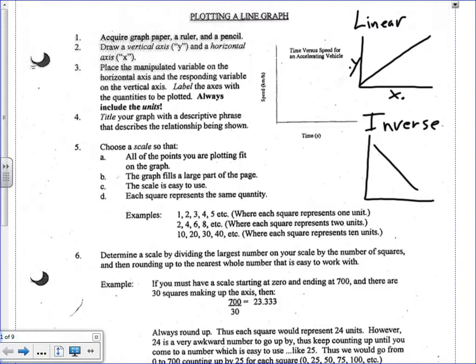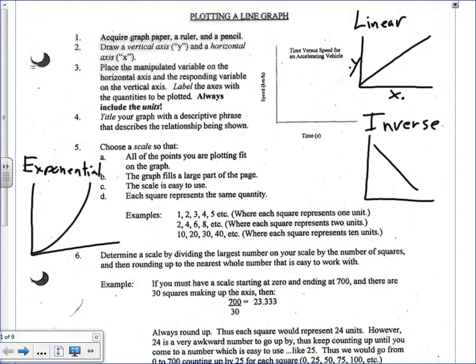Other types of relationships that we will look at: exponential. An exponential relationship looks like this. It's a curved line upwards.